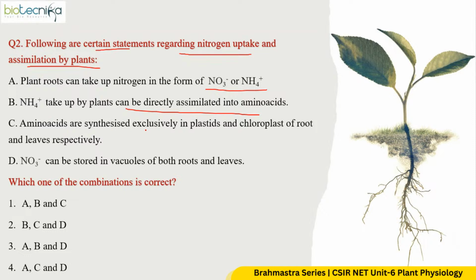Amino acids are synthesized exclusively in plastid and chloroplast of root and leaves. Nitrates can be stored in vacuoles of both roots and leaves. Just identify the correct combination from here.